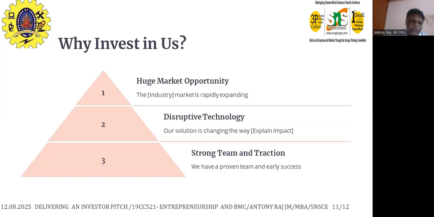You have to ensure that you have captured the attention, interest, and imagination of the investors in at least one of the areas. More areas is definitely better for us. These are some of the reasons where you could ensure that the investor gets significant interest and commits to investing in your organization.